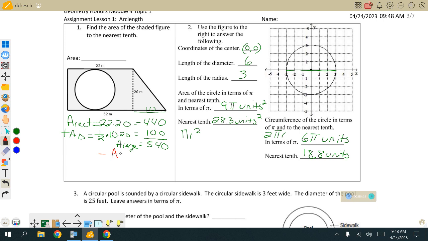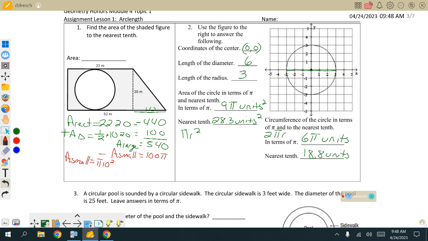Pi r squared. Radius is what? Coming from this 20. The diameter is 20, radius is 10. 10 squared is 100.